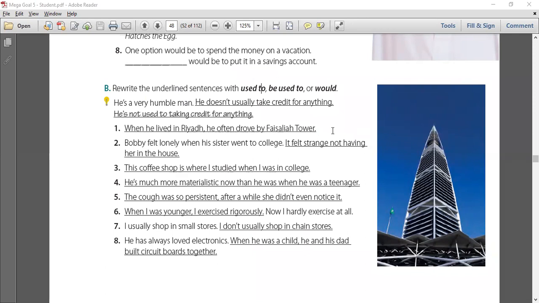So how are you going to rewrite this sentence, whether you're going to use used to, be used to, or would? In this sentence, he said he doesn't, so it's in the present. That's why he said he is not used to. Now, when he lived in Riyadh, he often drove by Faisaliya Tower. How are you going to rewrite the sentence? Are you going to say used to, or be used to, or would?